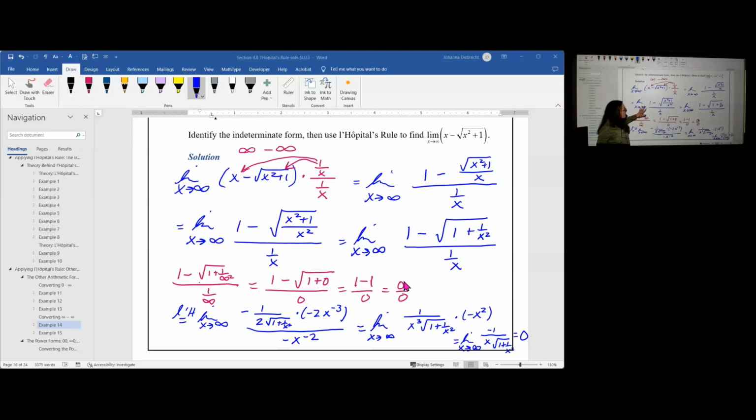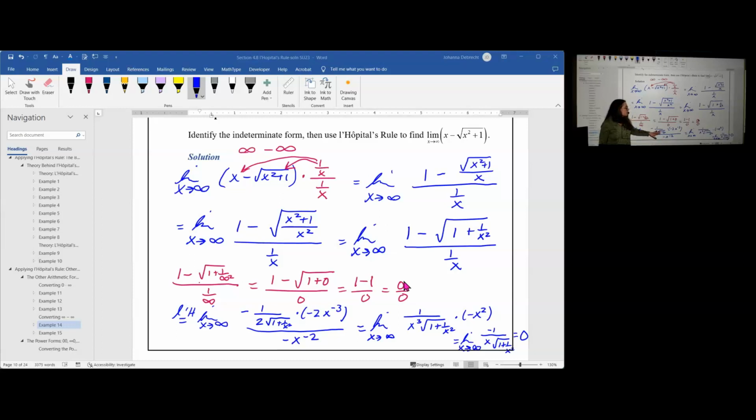When I look at this problem, again, I'm going to apply L'Hopital's rule after determining that I have a basic indeterminate form. As x approaches infinity, I got 0 over 0. Applying L'Hopital's rule, I take the derivative of the numerator and the derivative of the denominator.